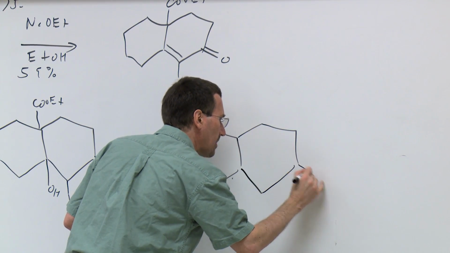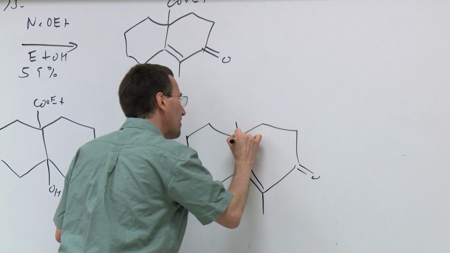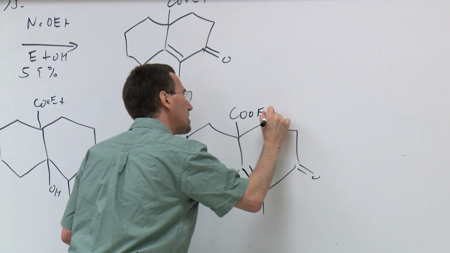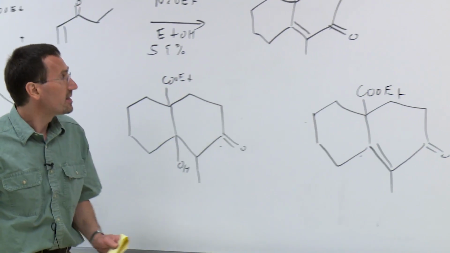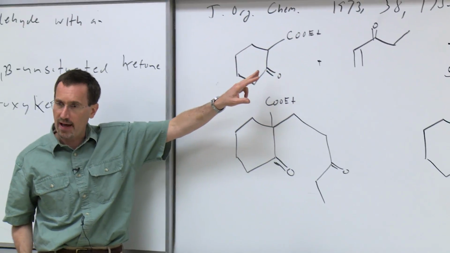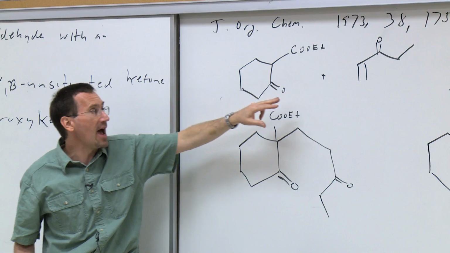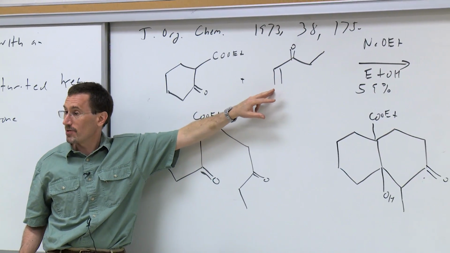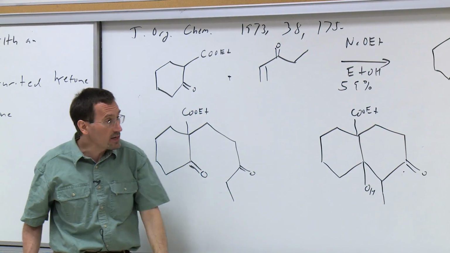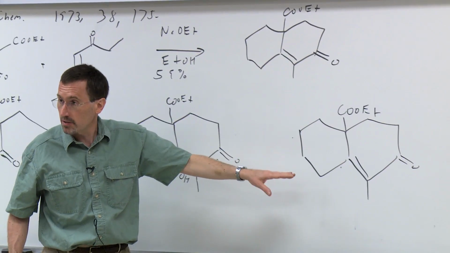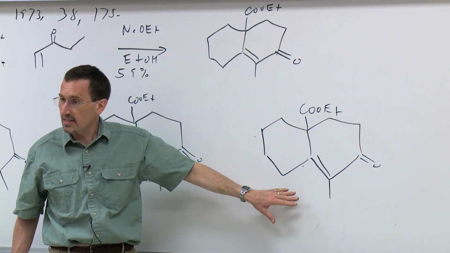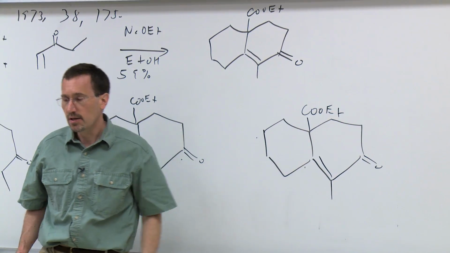And so it's absolutely amazing, but also scientific fact, that if you mix the cyclohexanone and the alpha-beta unsaturated ketone, you get in a very decent and respectable yield this cyclohexenone product.